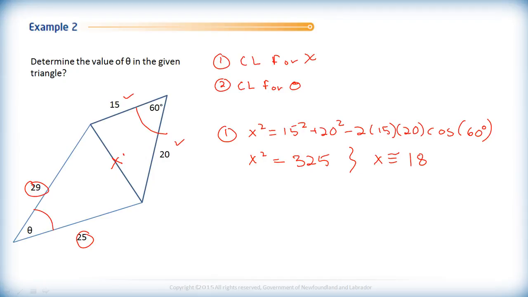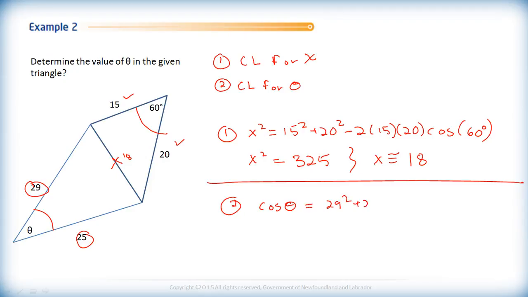All right, so if that's 18, then we're going to use cosine law again in our second step here to figure out what our angle theta is down in the bottom. So we're going to say cosine theta will be equal to 29 squared plus 25 squared minus 18 squared, all divided by 2 times 29 times 25.